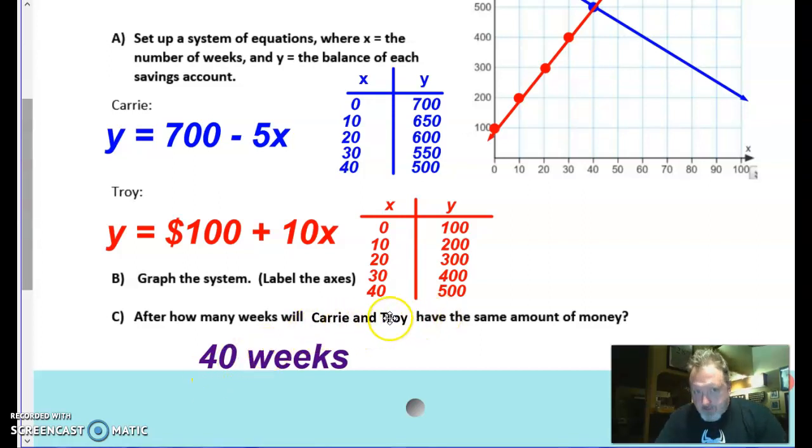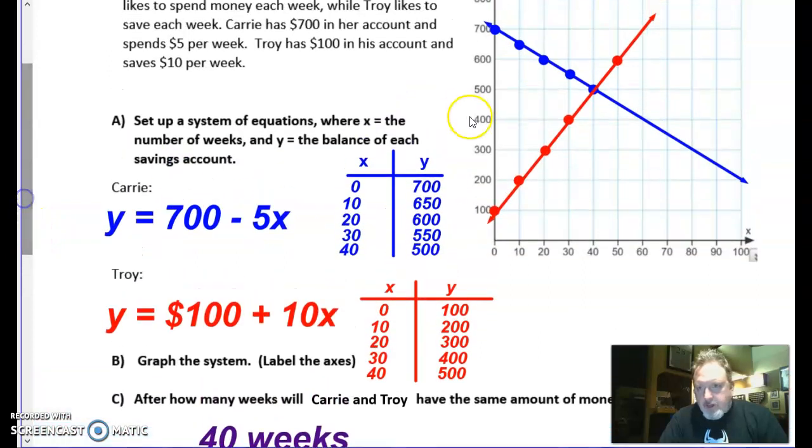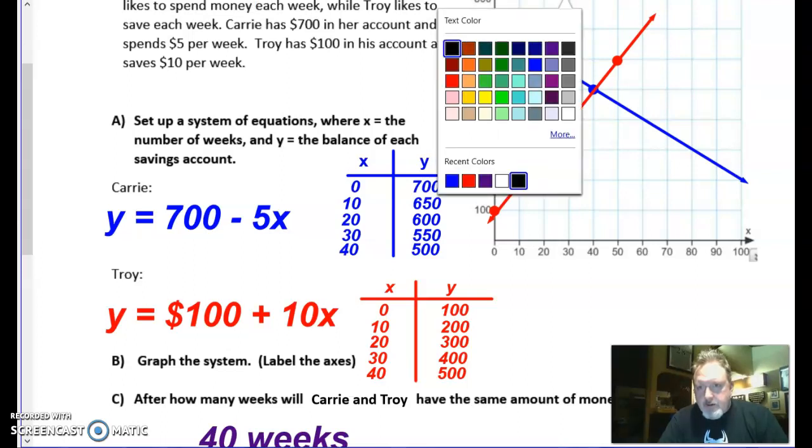So it says Carrie and Troy, who we're dealing with here, not the other two names. After how many weeks will Carrie and Troy have the same amount of money? Well, our weeks was our X value, so that was 40. Again, we can go right back up to the graph here. We know that it's 40 weeks, and we had $500.